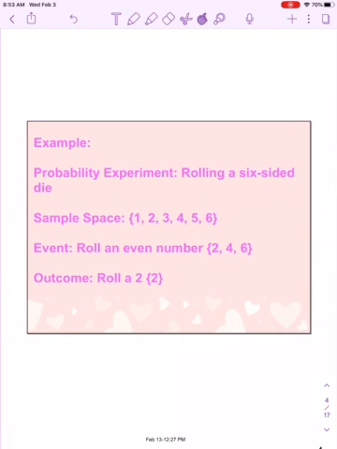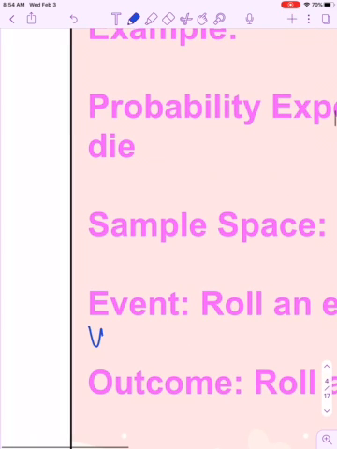So here's just kind of breaking it up. Rolling a 6-sided die. If you're rolling a regular 6-sided die, your sample space is 1, 2, 3, 4, 5, or 6, because those are all of the numbers that you could roll on the die. An event is what you want to happen.